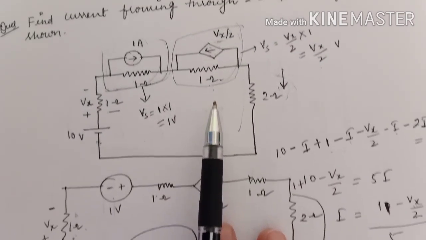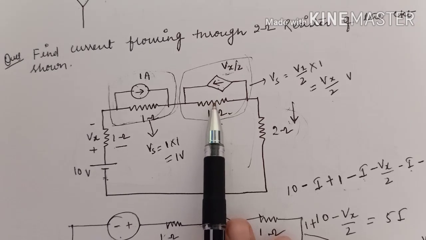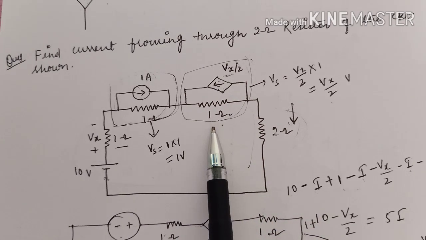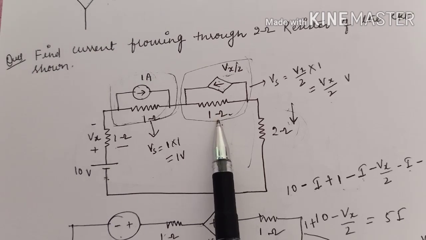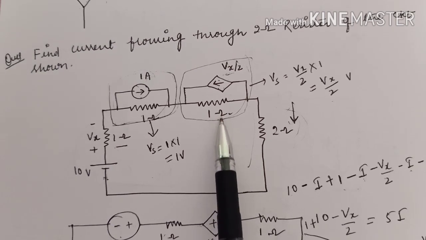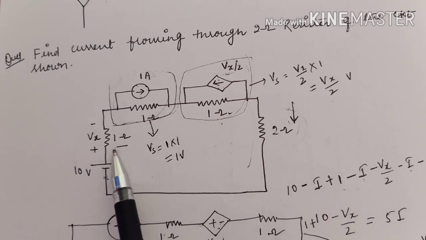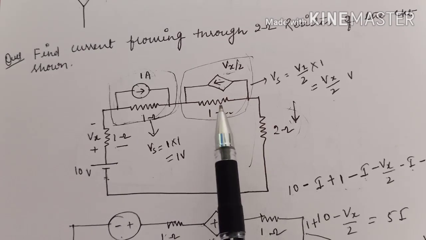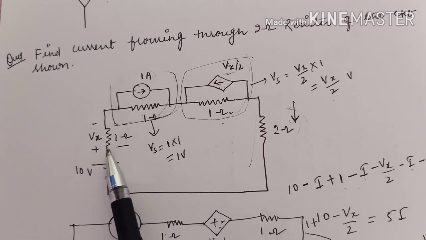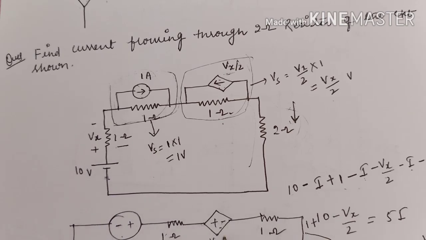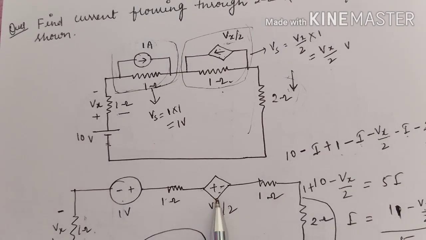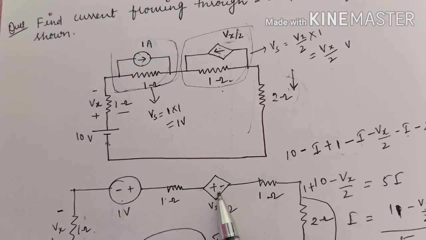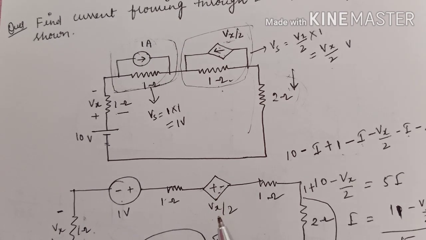Here I will tell you one conclusion, or one note also. While applying the source transformation for a dependent source, if the dependent source magnitude depends on something without disturbing the element, then transformation can be applied. I have applied the transformation. Why did I apply it?